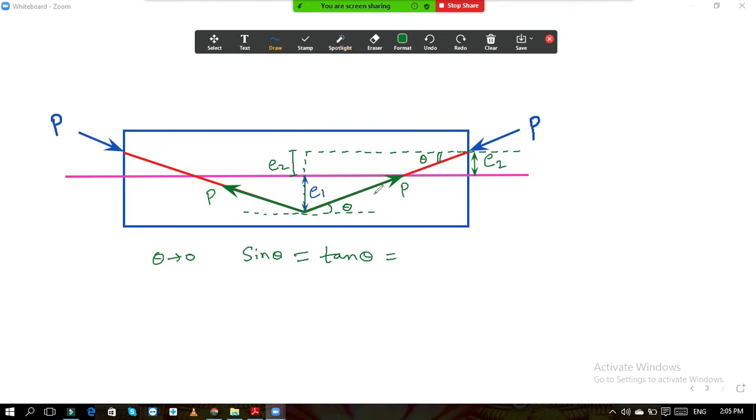So your opposite side will be your total eccentricity E divided by the adjacent side, which is L by 2, as it will be at the center. Here E is equal to E1 plus E2 while calculating theta, and your upward force WU is 2P sine theta, which will resist the downward load.